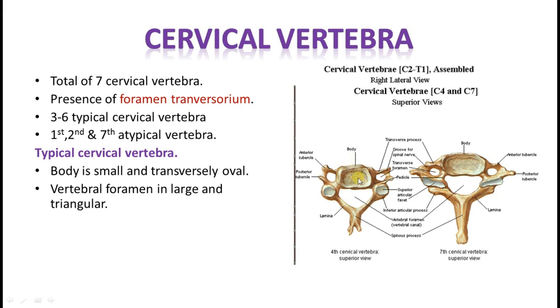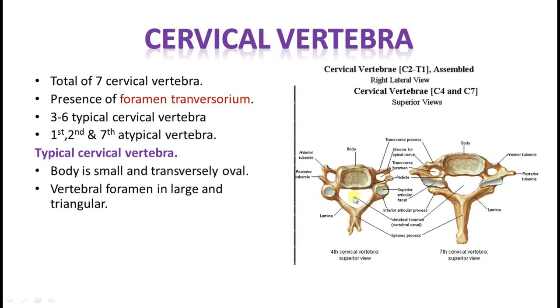Then when compared to the body, the vertebral foramen or the vertebral canal, you can call it, is large and triangular. Why is it large? Because most of the nerves of the spinal cord, the neural structures, are still not distributed. Slowly it gets distributed as it passes from the cervical to the thoracic and lumbar region.